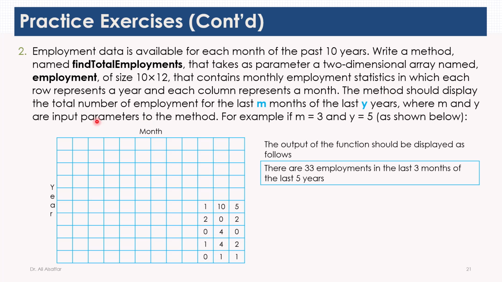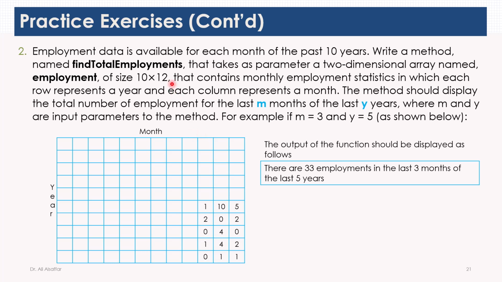It says each row represents a year and each column represents a month. So now we know what this two-dimensional array represents: employment statistics for the last 10 years for 12 months. The method should display the total number of employments for the last m months of the last y years, where m and y are input parameters to the method.